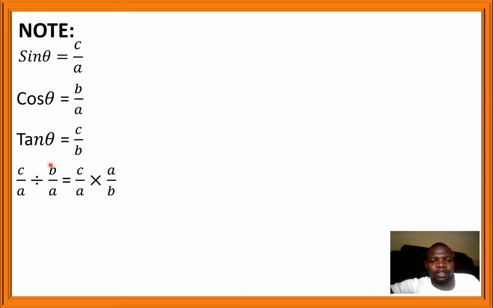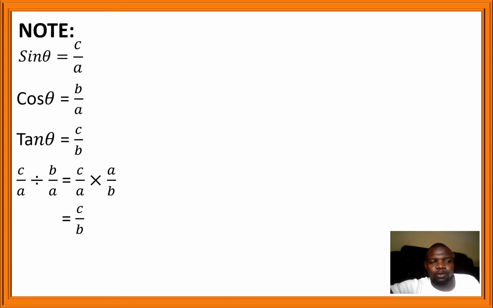And the second fraction, which is b over a, changes to a over b, because we change the division sign to multiplication. When we do that, this gives us c over b, because we have like terms here, a here will cancel a here, leaving c over b.